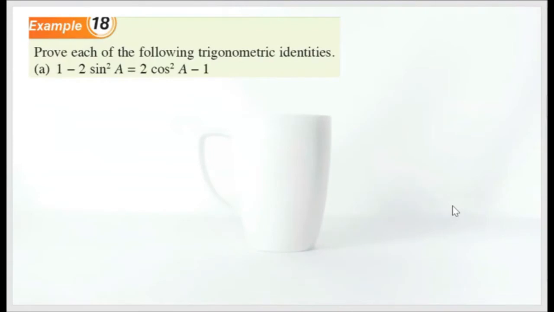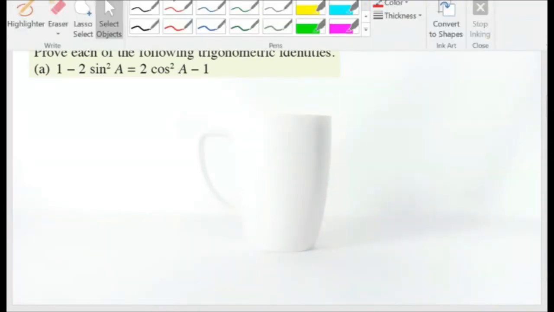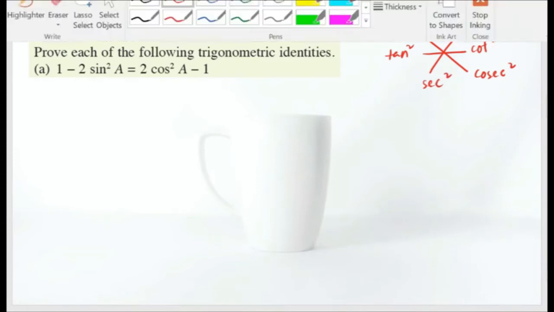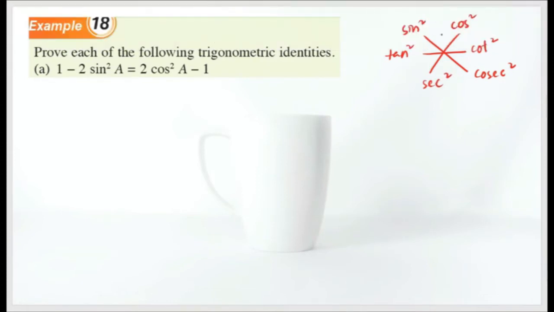Okay, we look at the first example, example 18 in your textbook. A, prove the trigonometric identities. The first one, 1 minus 2 sine square a equals 2 cos square a minus 1. Before we do this, we do a revision of your magic hexagon: tangent square, sin square, cos square, cotangent square, cosecant square, and secant square. Then what are your three basic identities?